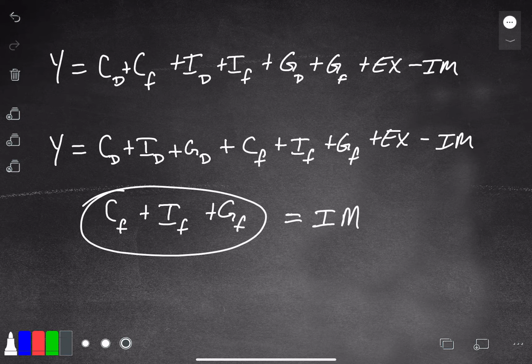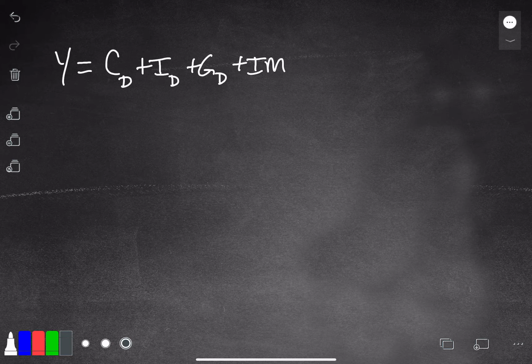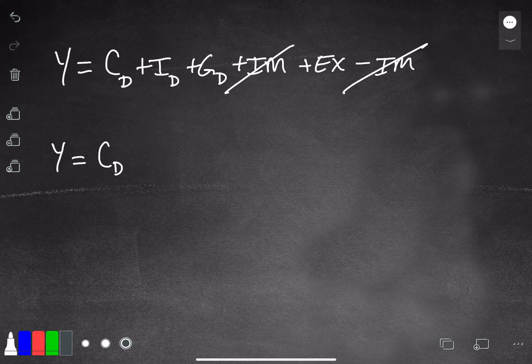And so if this is equal, then we can do some more substitution, right? So we can say, okay, Y is equal to CD plus ID plus GD plus imports plus exports minus imports. And now you're probably noticing that this cancels out, and we're left with that equation from before.